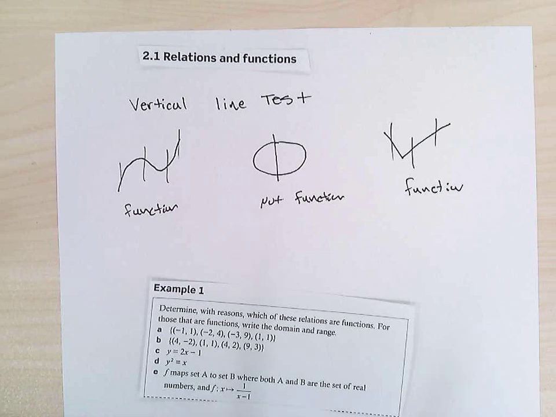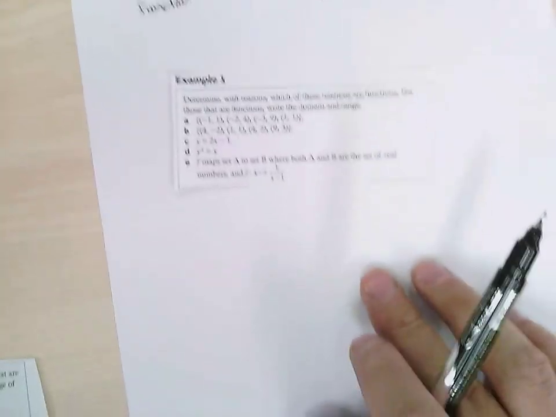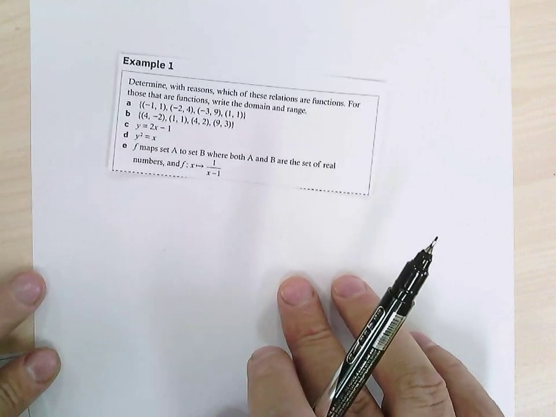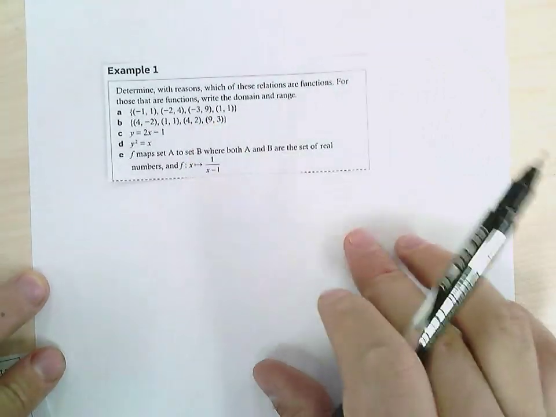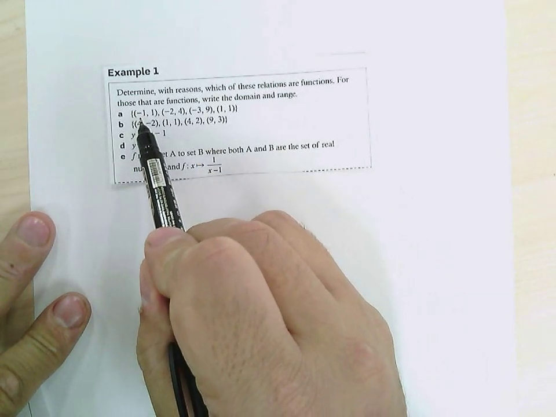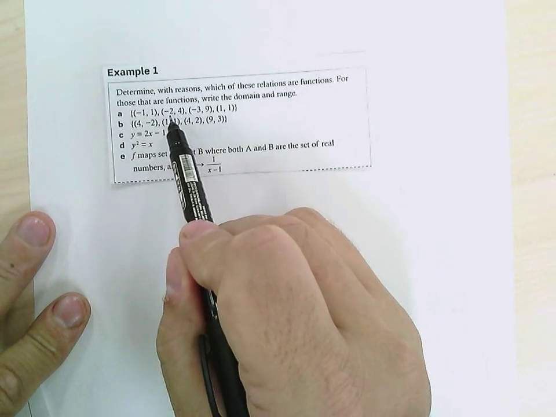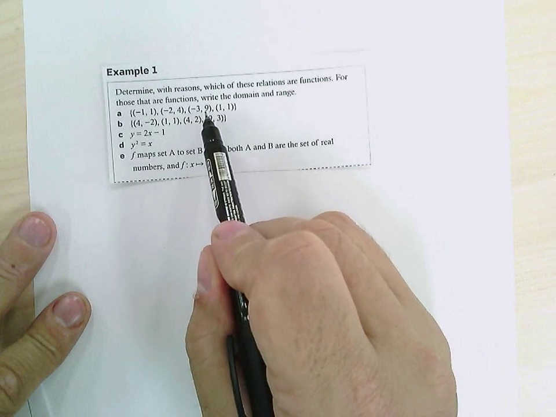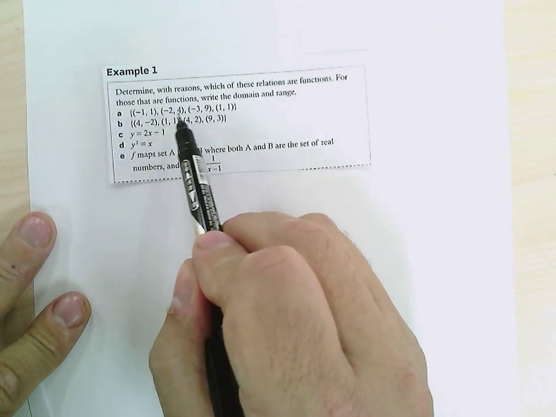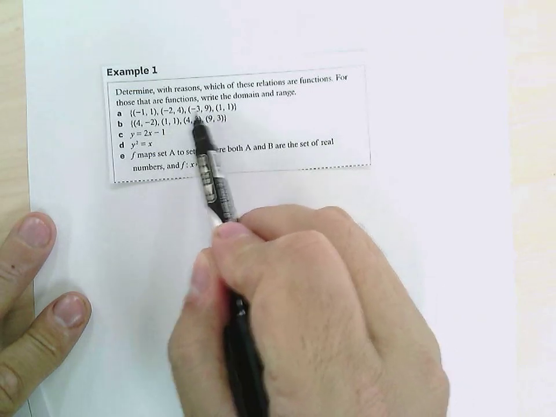Sometimes we look at problems like example 1, and they might give you a set of ordered pairs or information or an equation, and we might have to look at it. So I'll look at the first one right here. These are the points (-1, 1), (-2, 4), (-3, 9), (1, 1). I notice that every input is a different number.